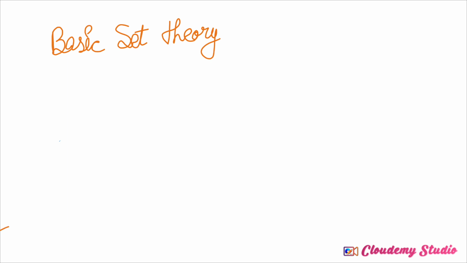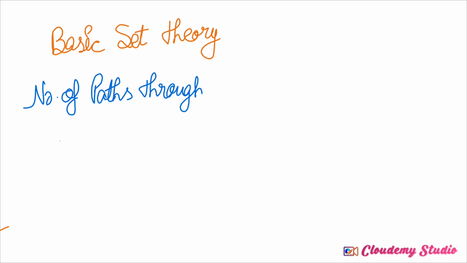So the number of paths through 1 2 is 3C1 times 9C5.